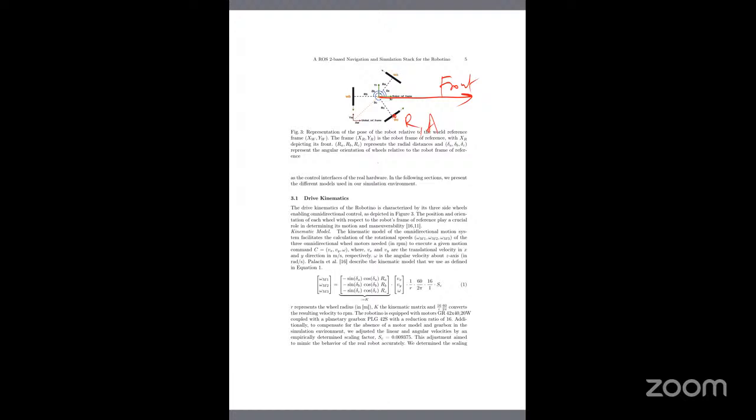In this paper, this distance is RA, this is RB, and this distance is RC, that means from the robot center to the wheel. Then delta A, delta B, and delta C are the orientation angles. So wheel 1 is 0 degrees, wheel 2 is 120 degrees, wheel 3 is 240 degrees.